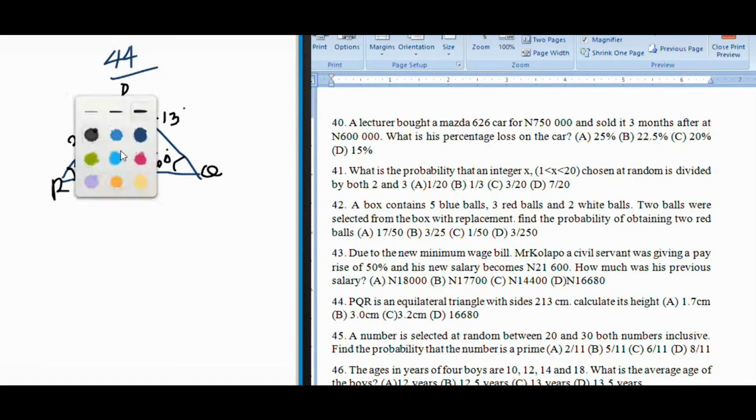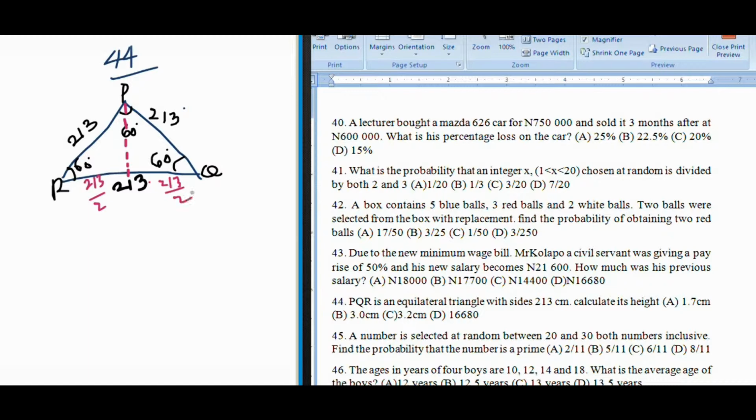Now what we do here is very simple. We can bisect the angle: the height is from the midpoint of either of the sides to the opposite angle. That is bisecting either of the angles and drawing a line to touch the opposite side. Here will now be 213 over 2, and here will be 213 over 2, since they have all sides equal, so that when we add the two, that will give us 213.